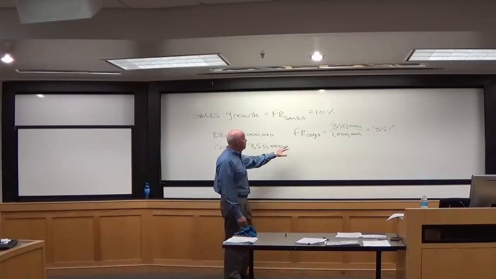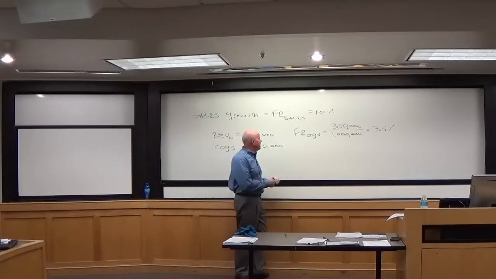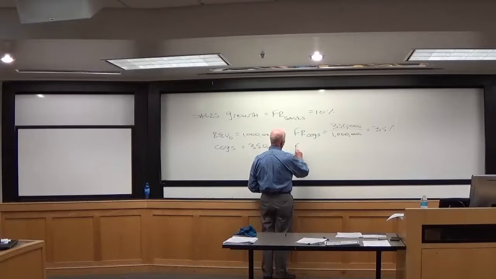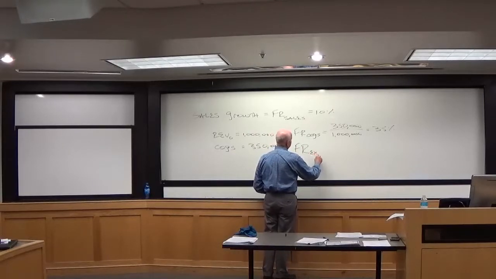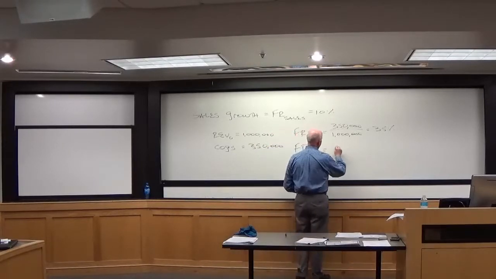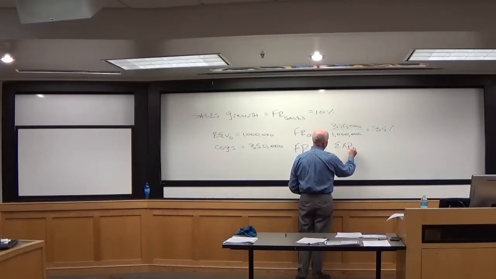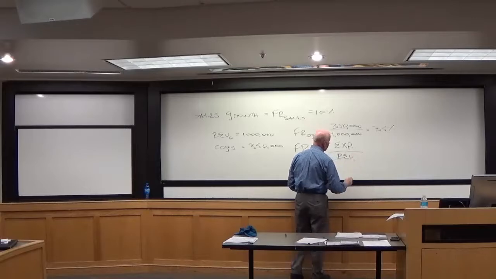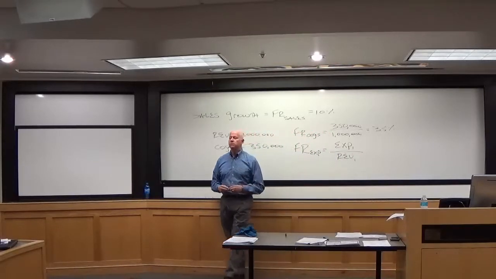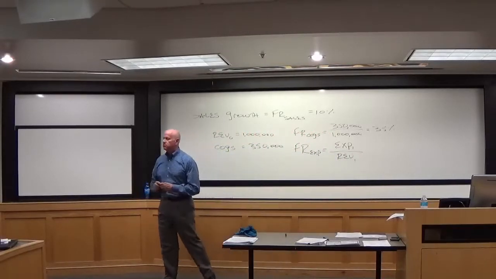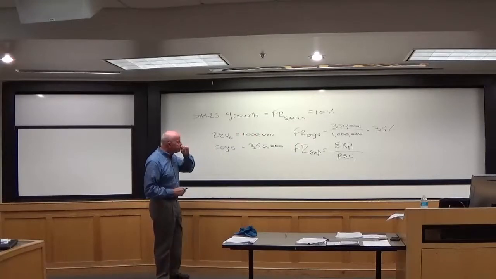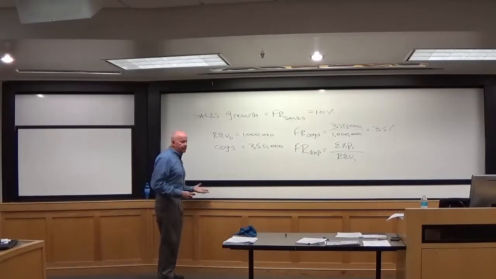So as I've given you forecast ratio for COGS, let me generalize it and say the forecast ratio for expenses is equal to the expense in a particular year divided by the revenue for the particular year. Okay? So now, I kind of like that.